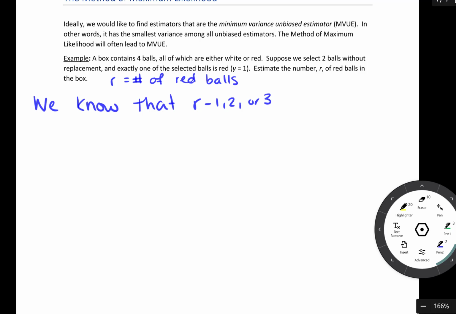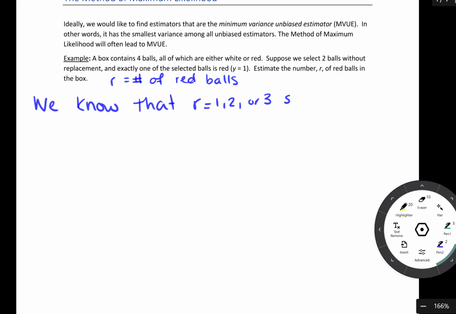And the reason for this is we know that there are exactly 4 balls in the box, and on that first draw exactly one of the balls was red. So we know it's impossible for 0 balls to be red. We also know that it's impossible for all 4 balls to be red, because if we draw 2 balls and exactly one of them is red, that means that the other one had to be white. So R is either equal to 1, 2, or 3.